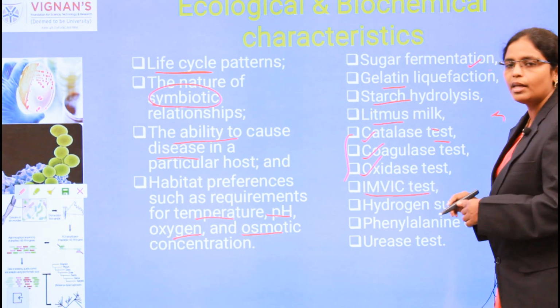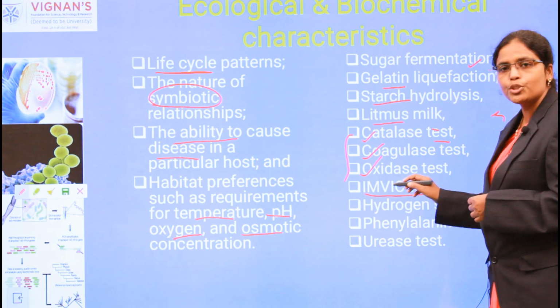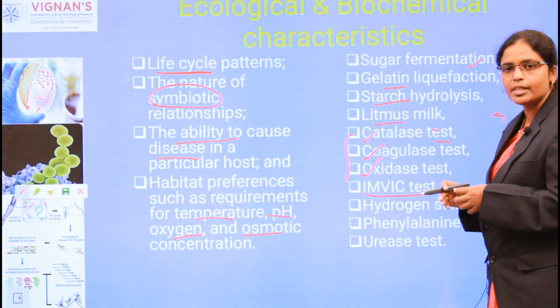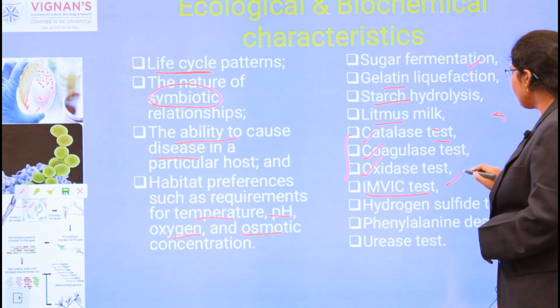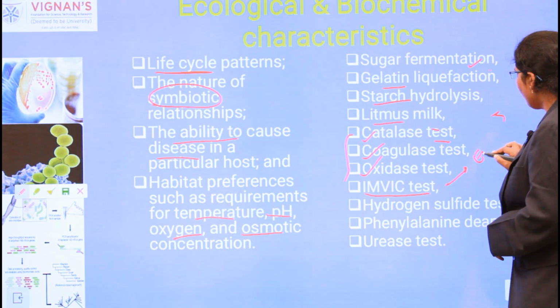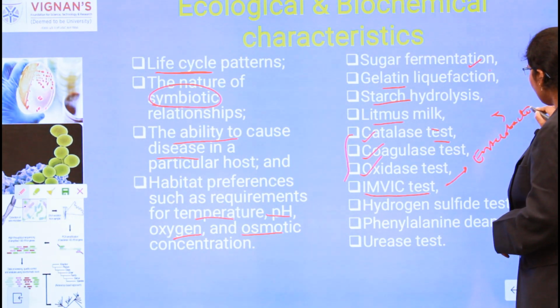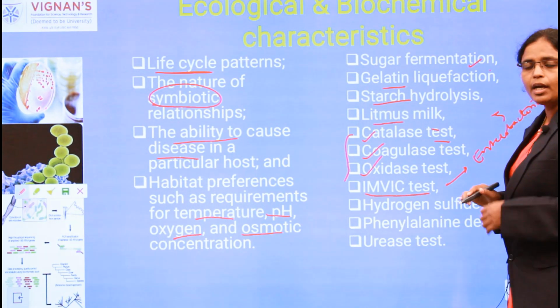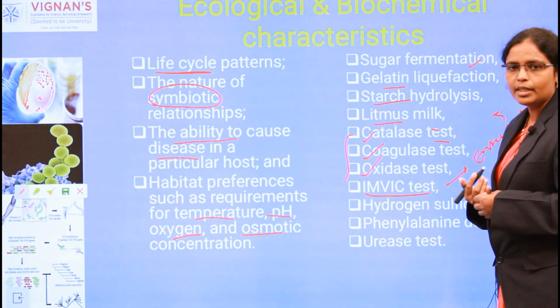And this is another one, the IMViC test: indole, methyl red, Voges-Proskauer and citrate utilization test. So these tests are used for differentiating the enterobacteria. What are these enterobacteria? Enterobacteria are nothing but those organisms present inside our intestine.